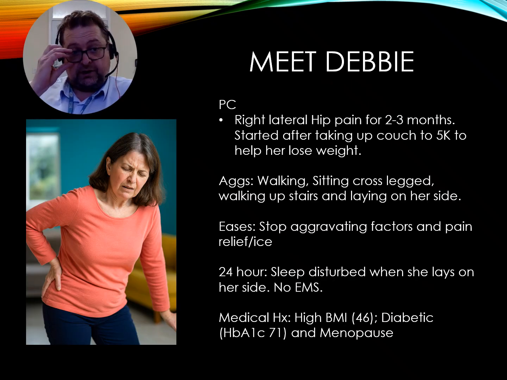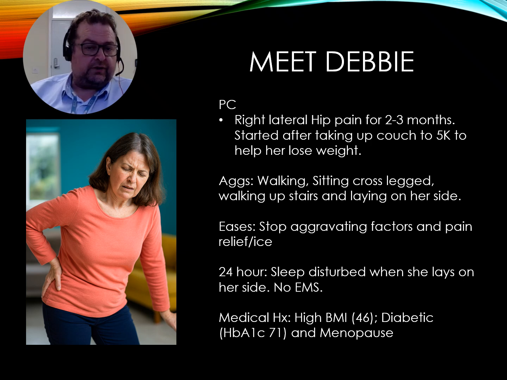So we can explain this with a patient. Now, this is one of my patients. Debbie's not her real name, and the photograph is not her real photo. But Debbie started with right lateral hip pain, which she noticed after doing couch to 5K. Her symptoms are worse by walking, sitting cross-legged, going upstairs, laying on her side.